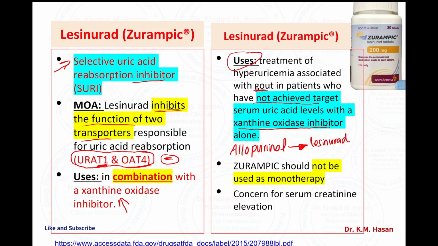For this reason, the combination of treatment is now in one tablet on the market, with the brand name Duzallo. We try to remember that we don't use lesinurad as a monotherapy only. Normally we use it as a combination therapy.